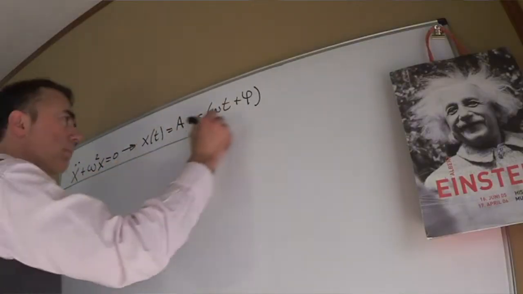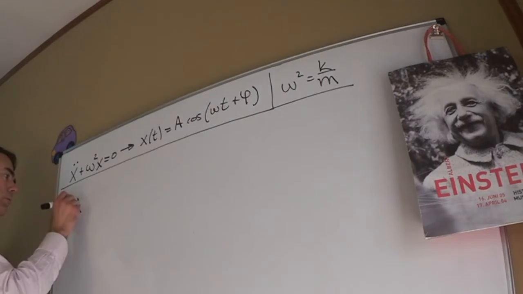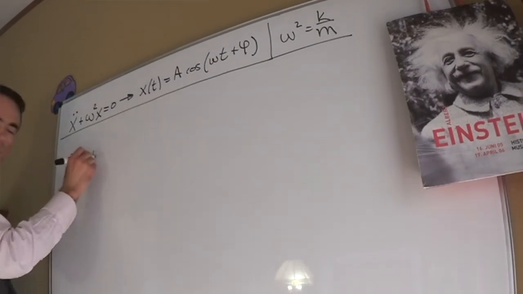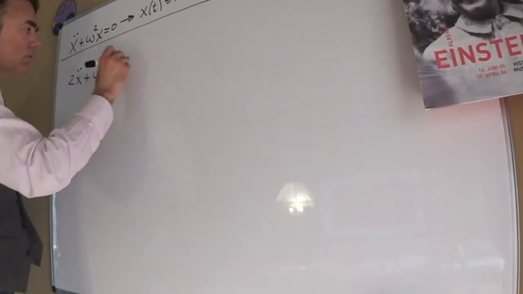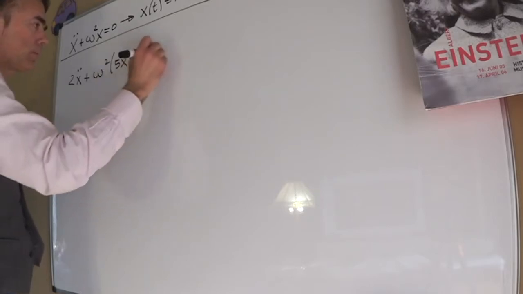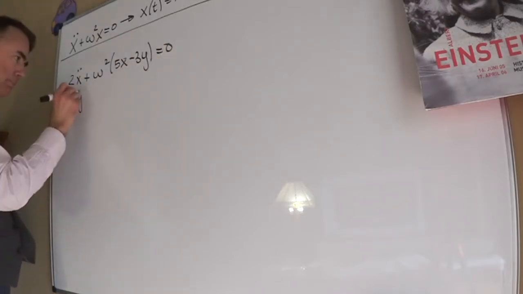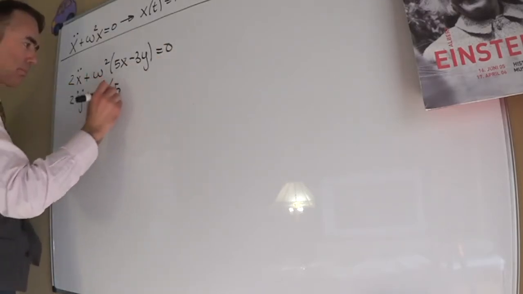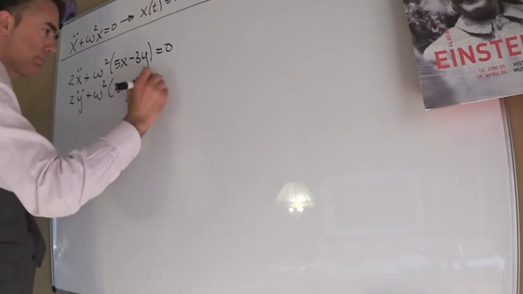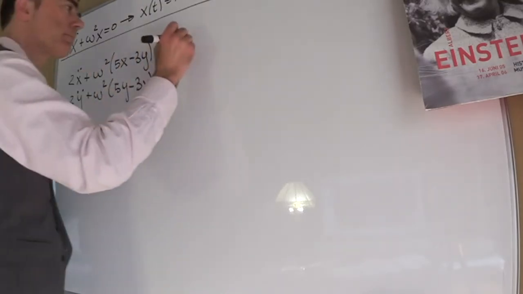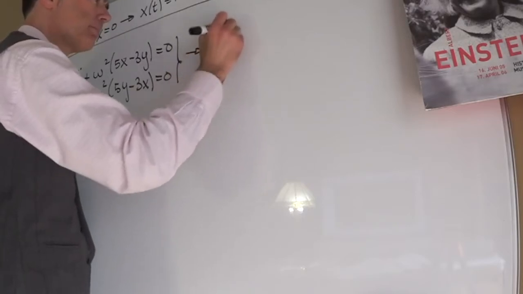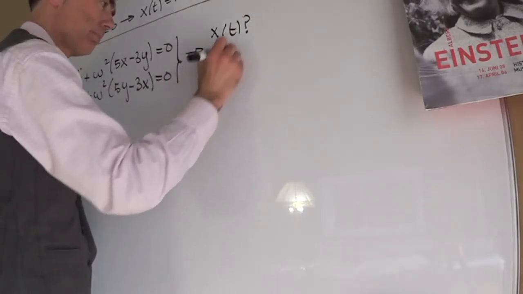Consider the coupled differential equations as 2x double dot plus omega squared (5x minus 3y) equal to 0, and 2y double dot plus omega squared (5y minus 3x) equal to 0. We want to find the equations of motion for x of t and y of t.